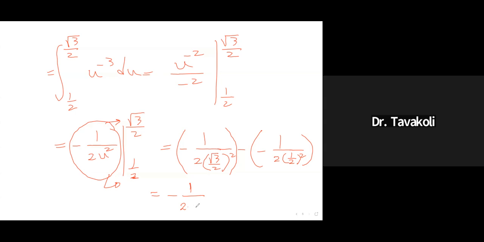Radical 3 squared is 3, 2 squared is 4. So 2 times 3/4. Minus minus here becomes a plus. 1 over 2 times 1/2 squared is 1/4. So in the first fraction, the 2 and 4 in the denominator can be simplified, and in the second one, the same thing.